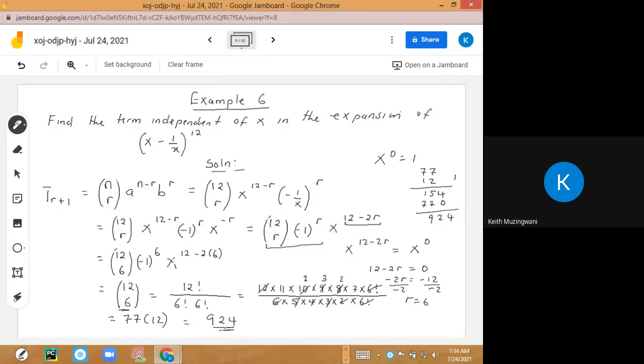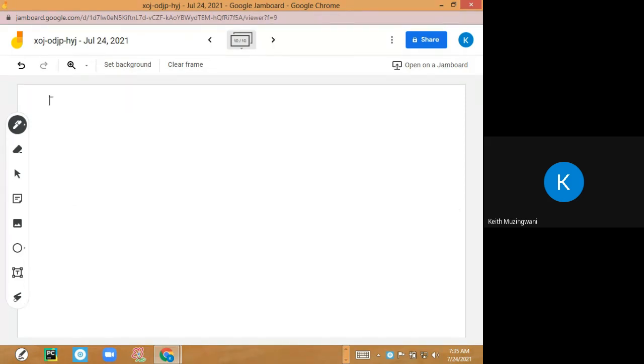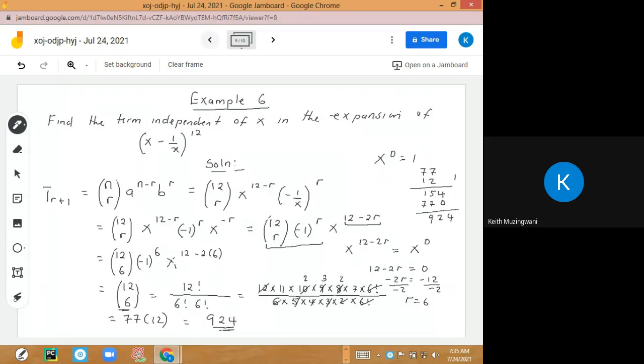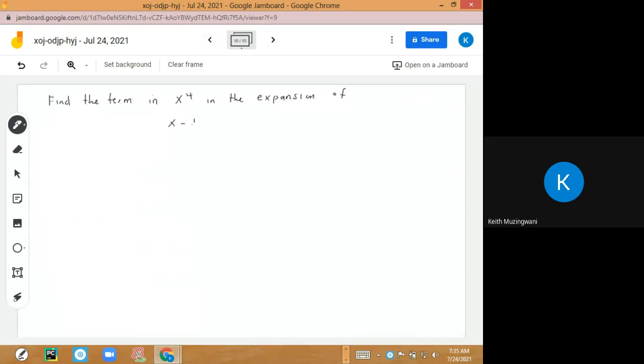In this same question, they can still say, find the term in x^4 in the expansion of the same, that is (x minus 1 over x) power 12.